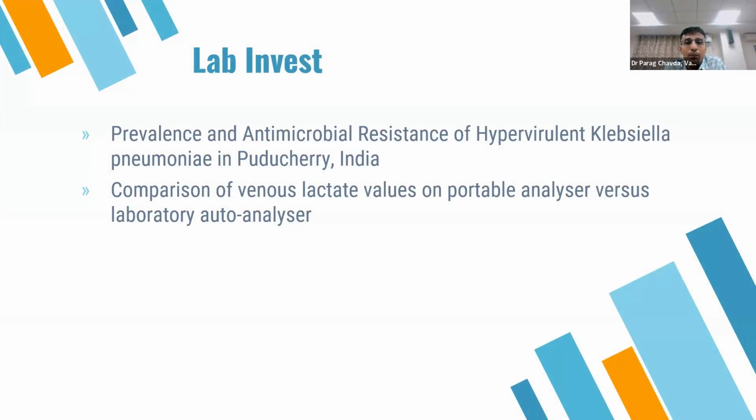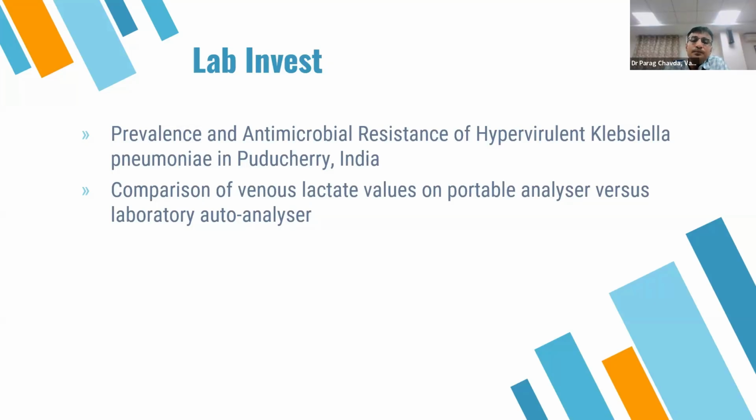Another study was coming from pediatrics, the intensive care unit, where they say that in the pediatric ICU, since they want the values very fast, they have a habit of having a portable analyzer. They many a time need serum lactate values, and they use a portable analyzer in ICUs. But the laboratory auto analyzer gives more robust values.